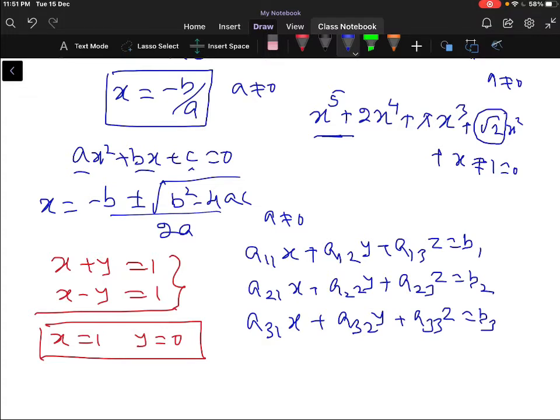Easily you can find the x, y, z values by using Cramer's rule, which gives the exact solutions to the problem.